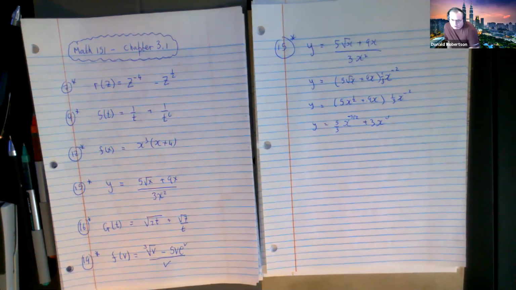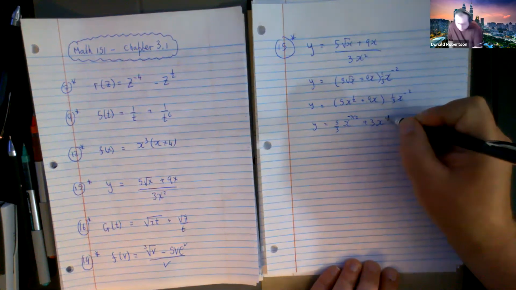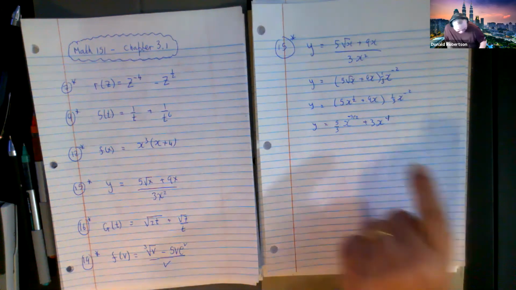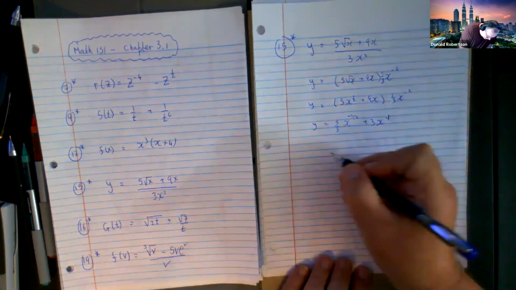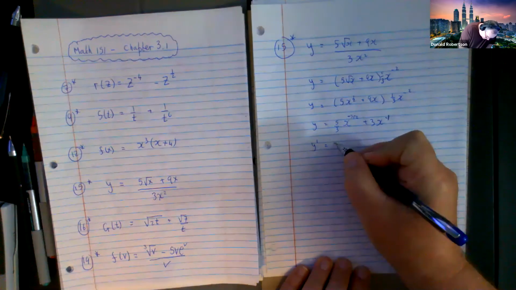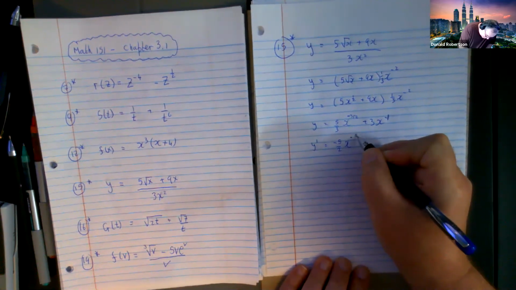So after all that work, all we've really got to is the point where we can now use the power rule. But I haven't actually differentiated it yet. I've just written it in a way that allows me to differentiate it. So it's derivative: multiply by the power, and reduce the power by 1.